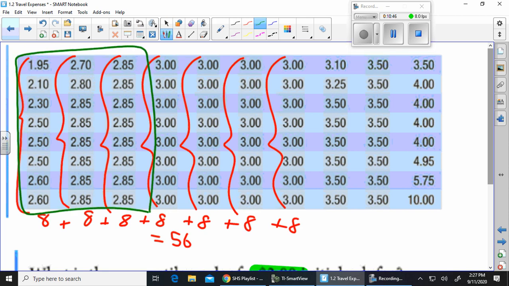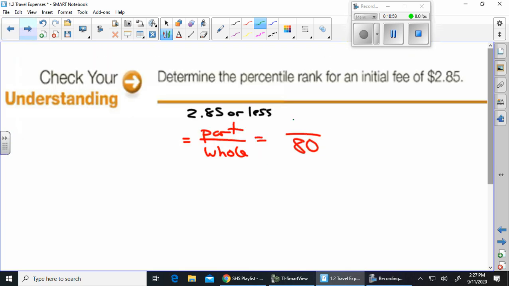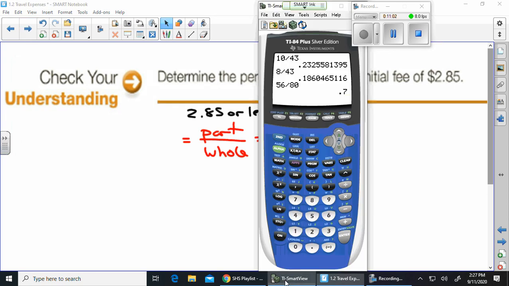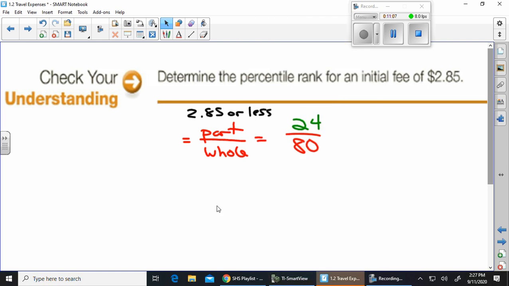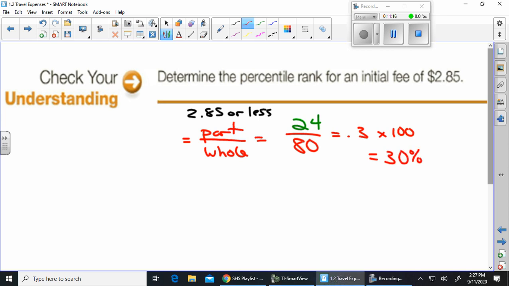All of those are $2.85 or less, which means 8, 8, and 8 is 24. So I would have 24 out of 80. If I take 24 divided by 80, I get 0.3. And if you times that by 100, its percentile rank would be 30%. So hopefully that helps. And hopefully you'll be able to do the assignment.